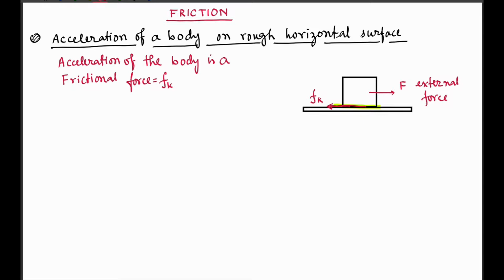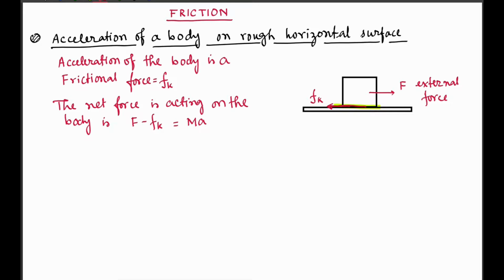Therefore, the net force acting on the body is F minus Fk, which is equal to ma. Here m is the mass of the body.